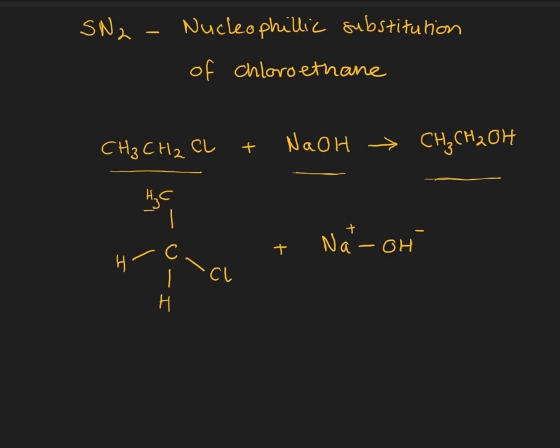There's no, or not much, difference between my carbons and my hydrogens, so again they will all be staying put. I do know that there's a difference between my carbon and my halogen, which is chlorine here. My chlorine is more electronegative than my carbon, so it's pulling electrons towards itself, and when it does that, it becomes partially negatively charged. Since carbon has had electrons pulled away from it, it now has a partial positive charge. So I know that my reaction is going to be centered around these guys.